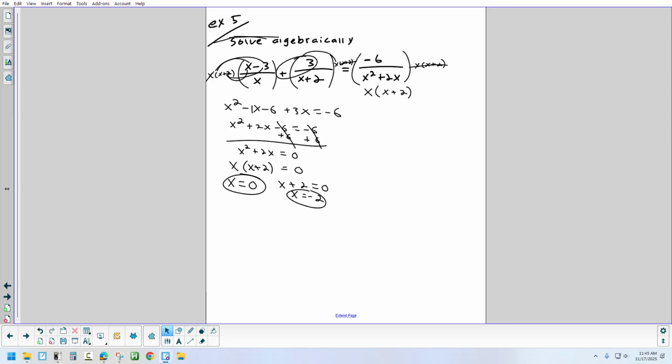If you plug in negative 2, the second and third denominators don't work. So both of these answers are extraneous, which means no solution. Okay, so this is the case where there is no solution.